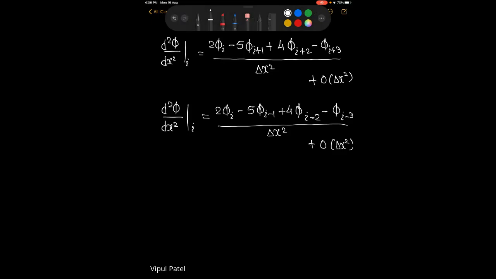This is just for the sake of completeness, so that you have certain things in hand, and whenever you derive these expressions, you can compare your final results with the given equation.